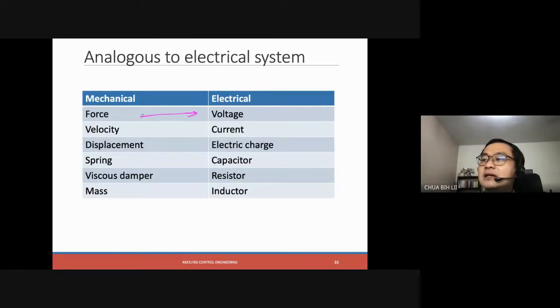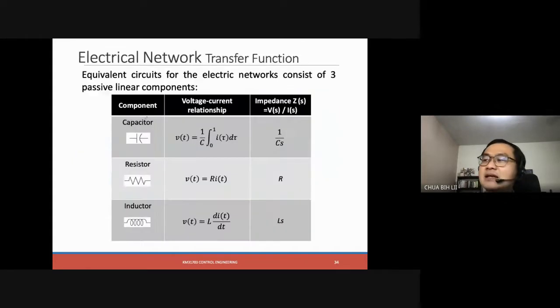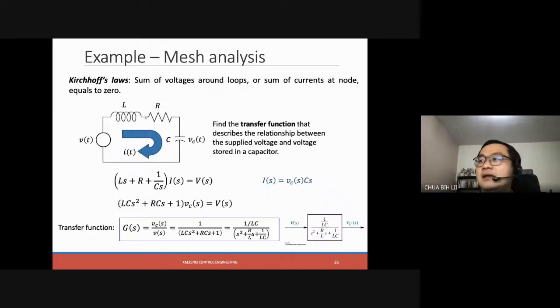Basically, the relationships are very straightforward. I guess many differential equations books also quote this kind of example from mechanical and electrical systems. They are analogies: you have capacitors, resistors, inductors, and you can always use Kirchhoff's law. When current flows through it, we can form the transfer functions.